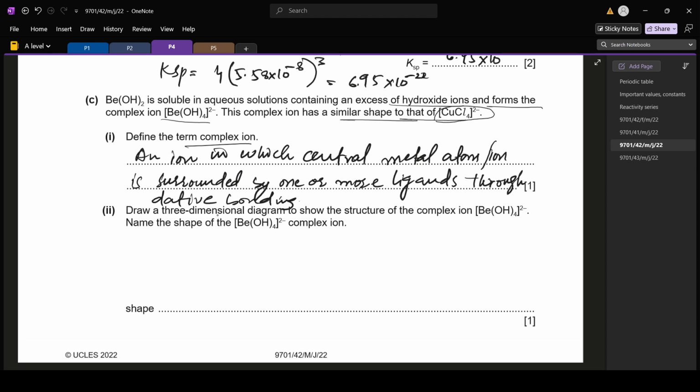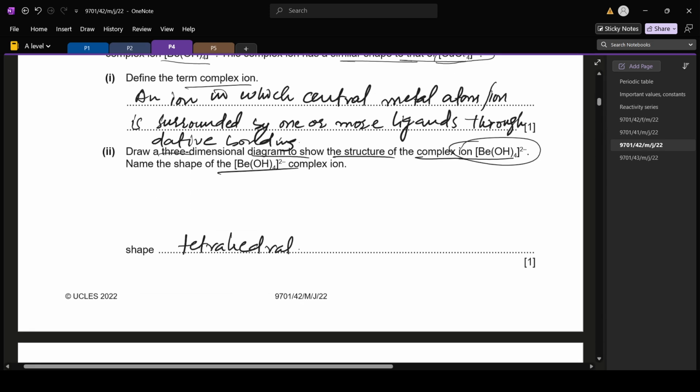Draw a three-dimensional diagram to show the structure of this complex, and name the shape. So the shape is tetrahedral, because it told you that it has a similar shape to that of this copper complex, and this copper complex has a shape of tetrahedral.